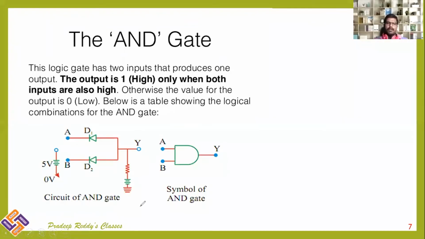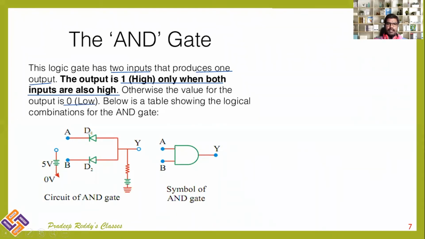The other type of logic gate which we have is the AND gate. The AND gate also has two inputs that produce one output, and the output is high only when both the inputs are high. Otherwise, the value of the output is low.